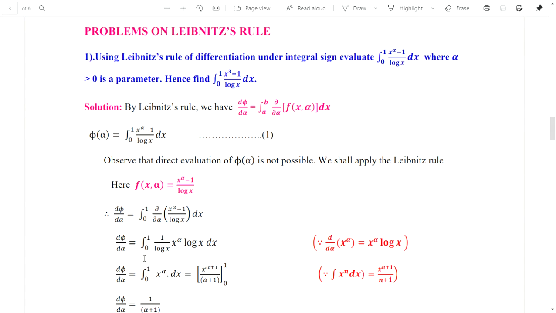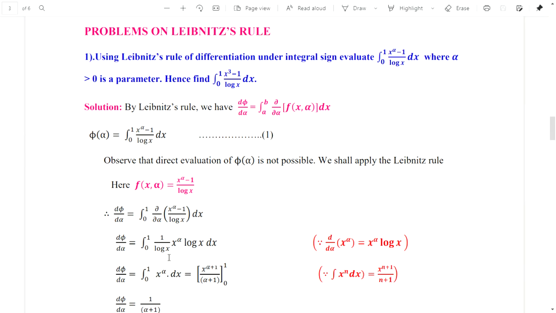Here log x is treated as a constant. So 1 by log x into the partial differentiation of x to the power alpha, which by the formula for a to the power x is x to the power alpha into log x into dx, and differentiation of minus 1 becomes 0. That's why we get x to the power alpha into log x into dx.